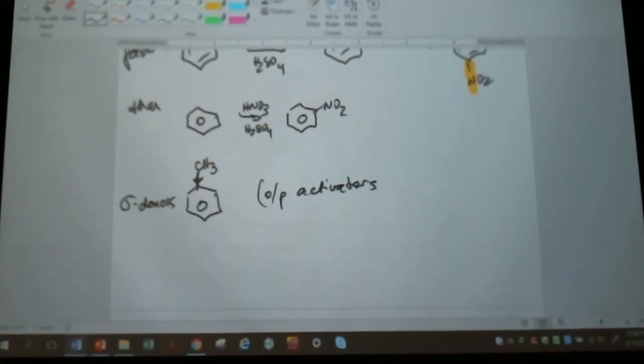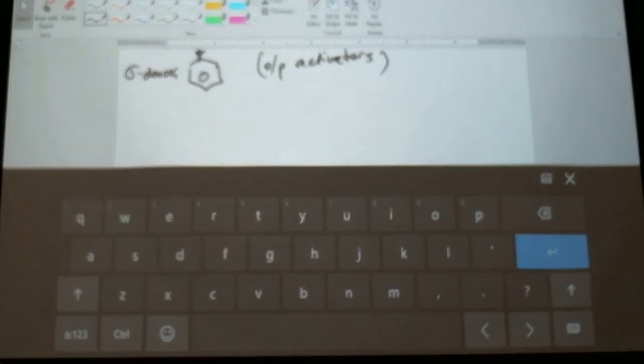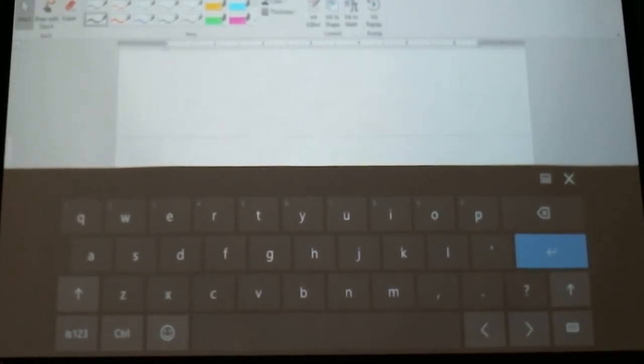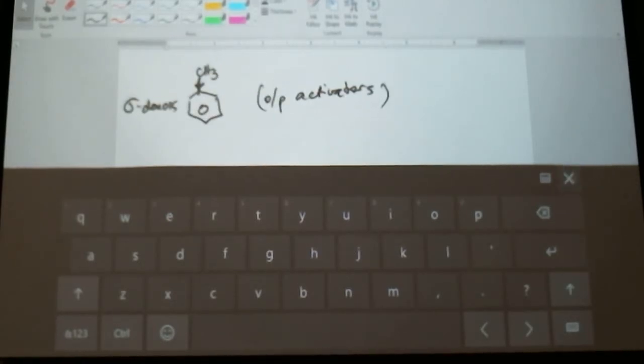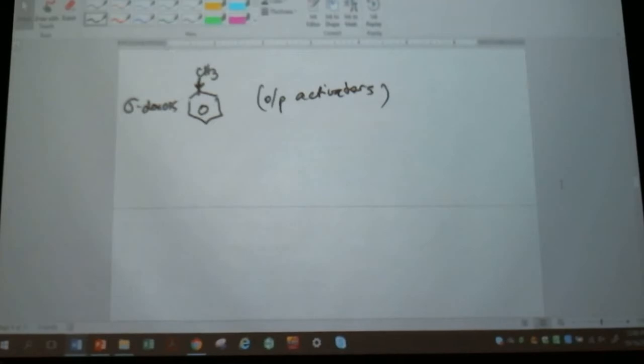Okay? Now, this is the covalent bond that's attached to the carbon toward the benzene, so we're sharing two electrons, right? Those two electrons can be shared equally or unequally.